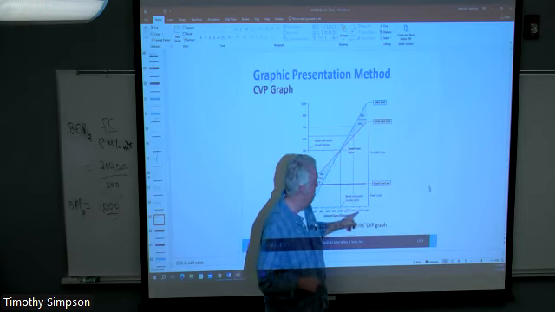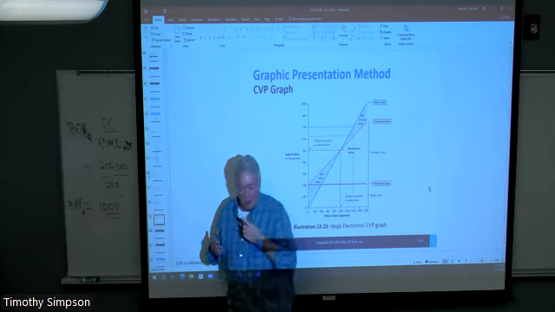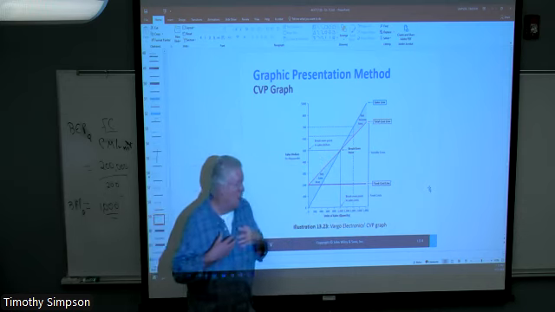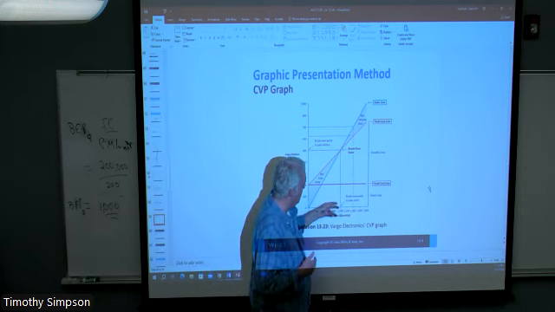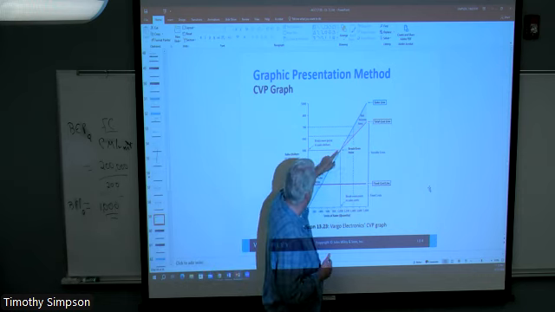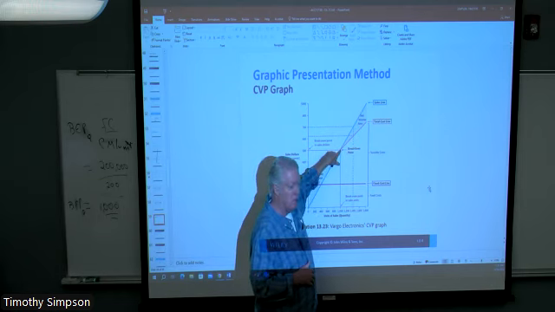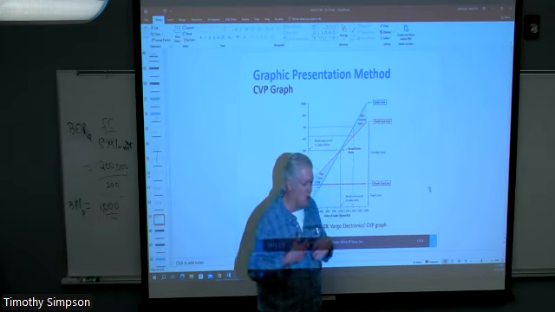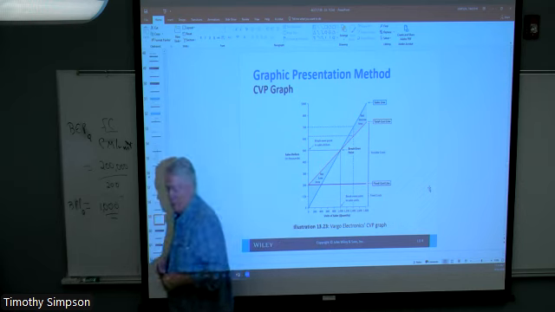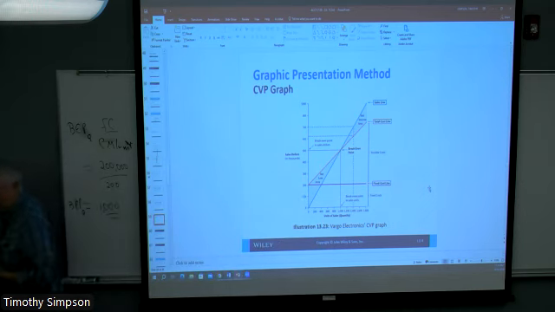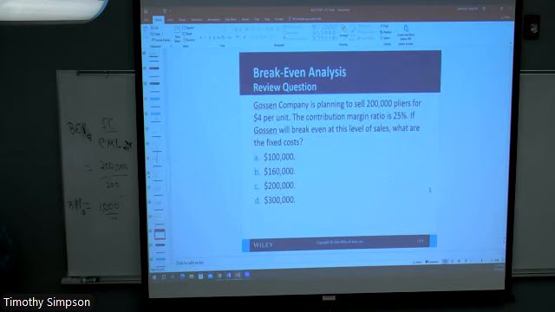Sometimes businesses that have a very fat contribution margin per unit will go out of their way to sell some units because they know they've long ago crossed the break-even point, and the more they sell, the more they make, and it all falls to the bottom line. When I say fall to the bottom line, that's an accountant's expression for working its way down to the bottom line on the income statement. So that's a graphic example of what's going on there, and it helps us visualize what's happening.